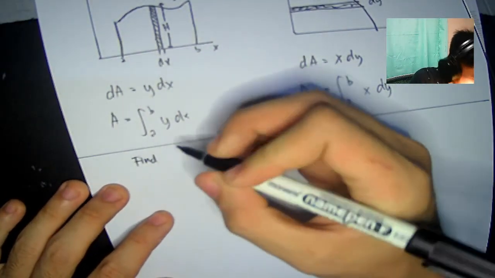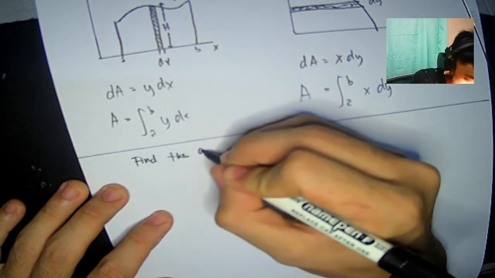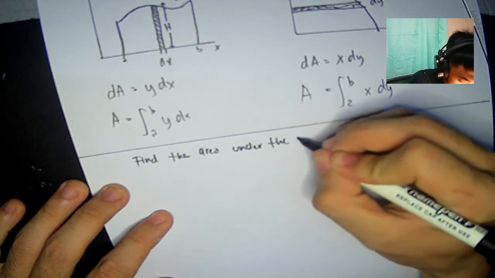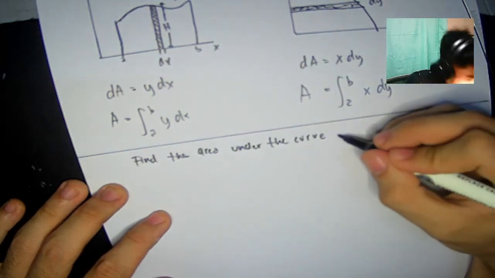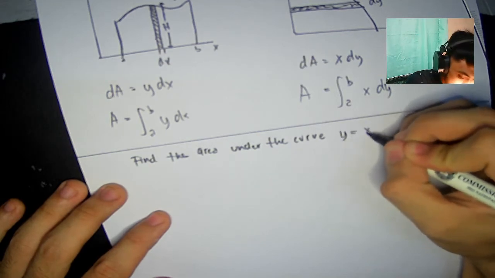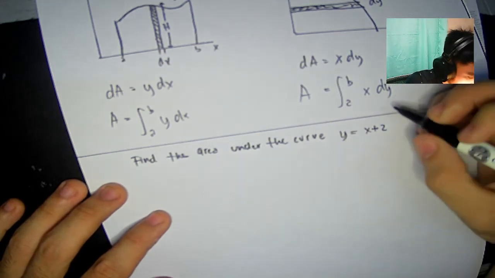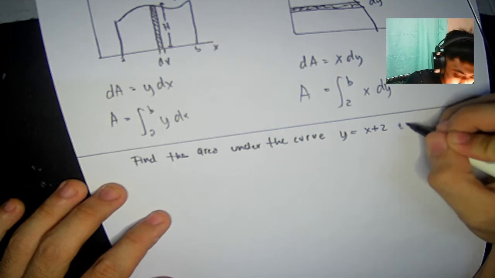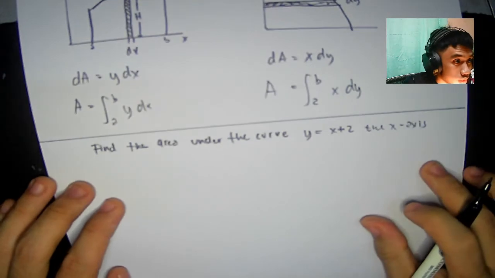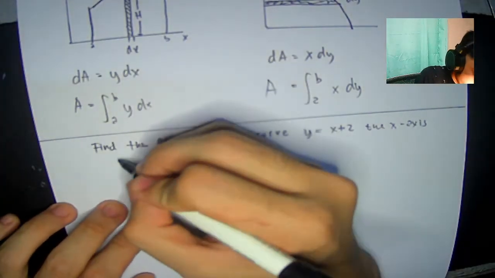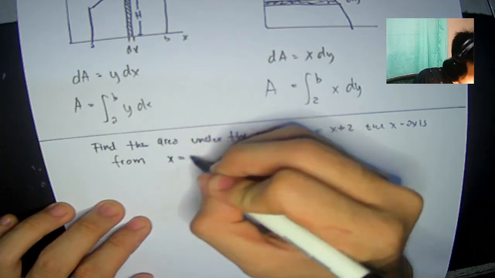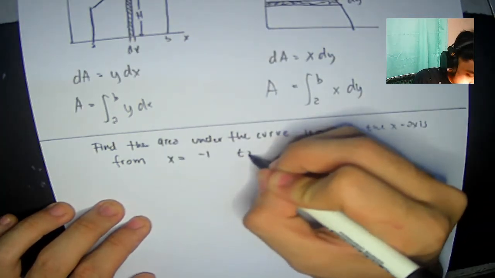Find the area under the curve y equals x plus 2, and the x axis, from x equals -1 to x equals 5.